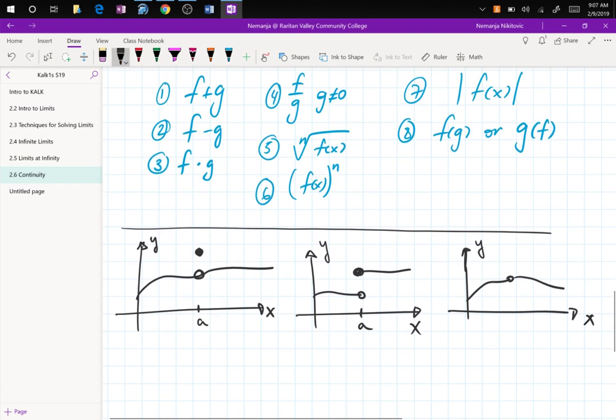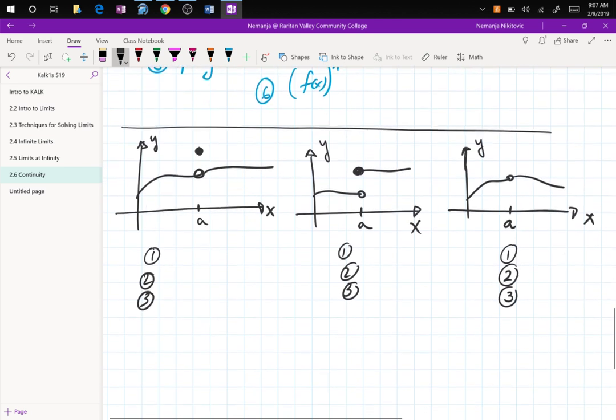So clearly here's my A, and here's my A of interest. And now my question is 1, 2, 3, 1, 2, 3, and 1, 2, 3. Which rule fails?